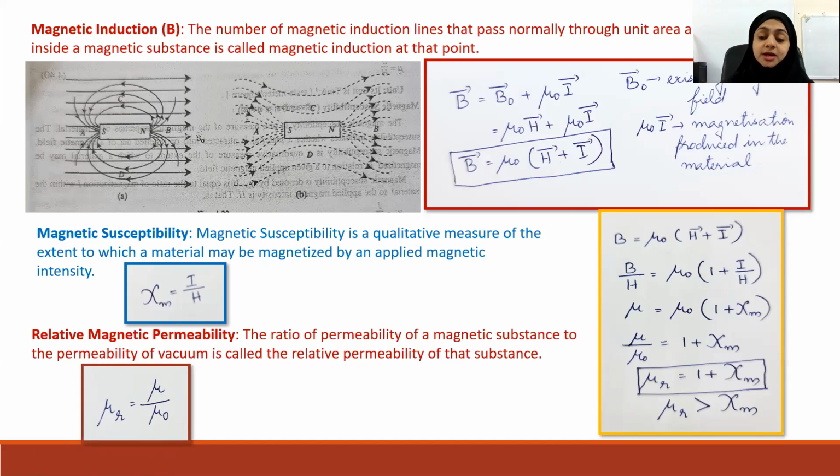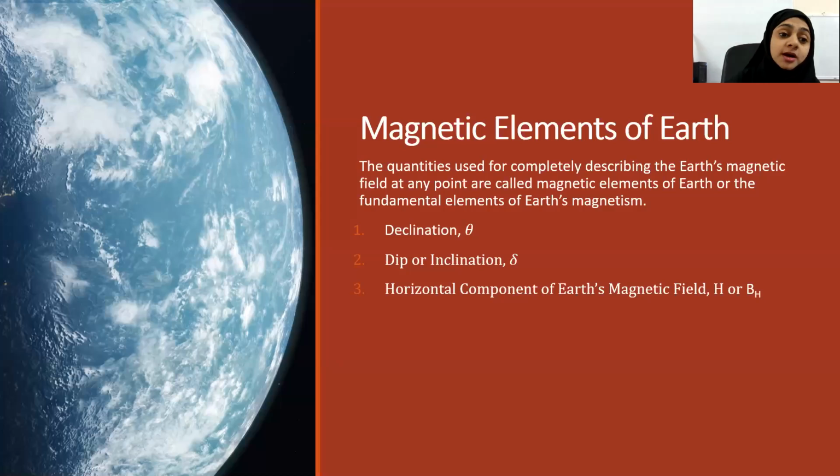Now we will learn more about Earth's magnetism. We already learned that the whole earth acts as a magnet, right? But the magnetic property at each point on earth's surface can be completely described using three quantities.